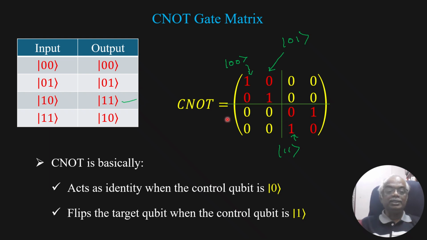So this is ket 1,1. Then what about ket 1,0? This is ket 1,0. We have seen that this column matrix has 1 in the third row, all other things are 0. So 0, 0, 1, 0.